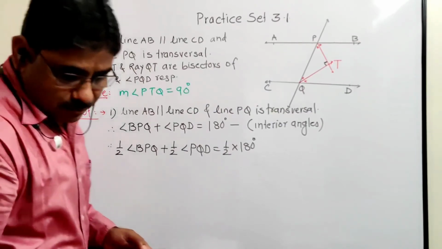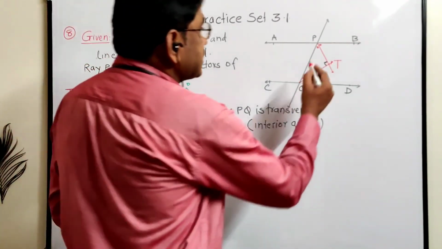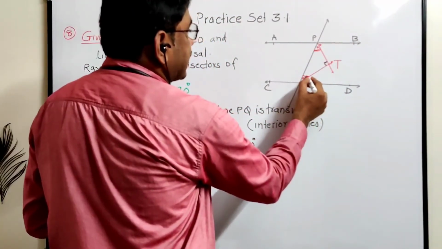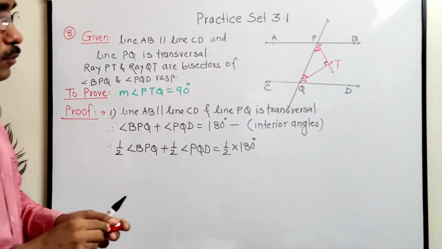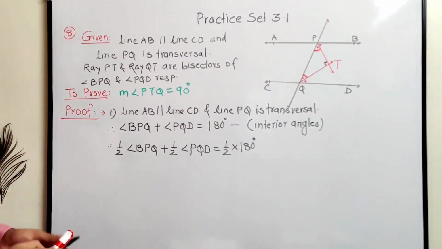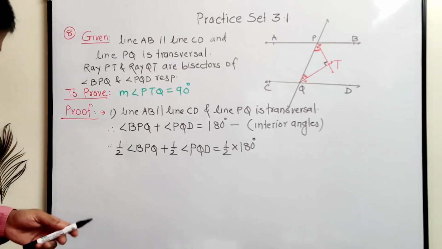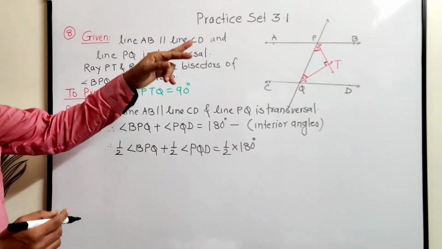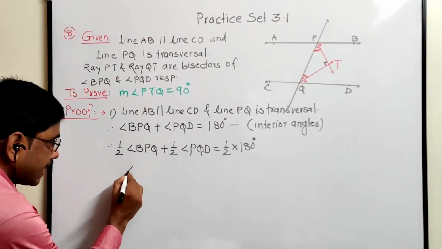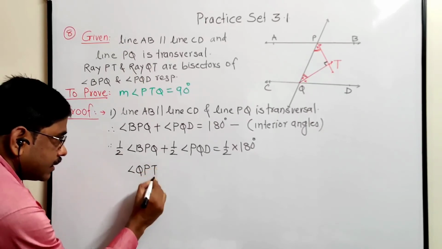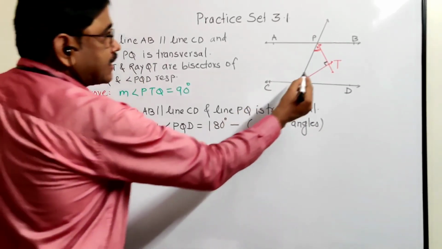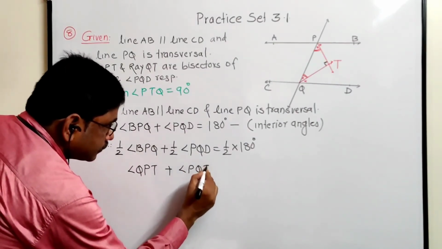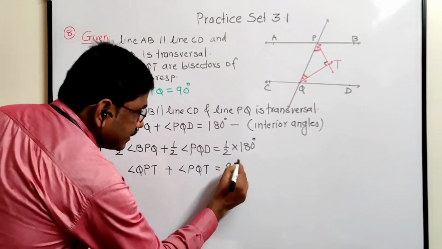Now PT is the bisector again. PT is the bisector, therefore this angle is half of BPQ and this angle is half of PQD. We can write this one also. So here half BPQ means angle QPT, angle QPT plus half PQD means angle PQT is equal to 90 degrees.